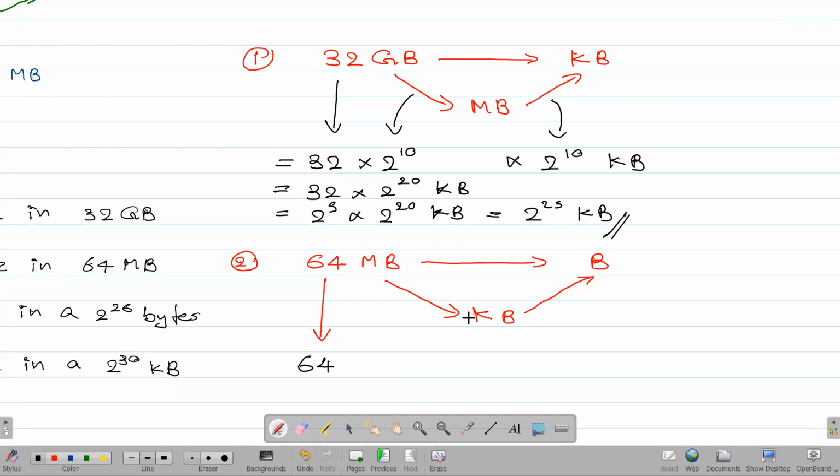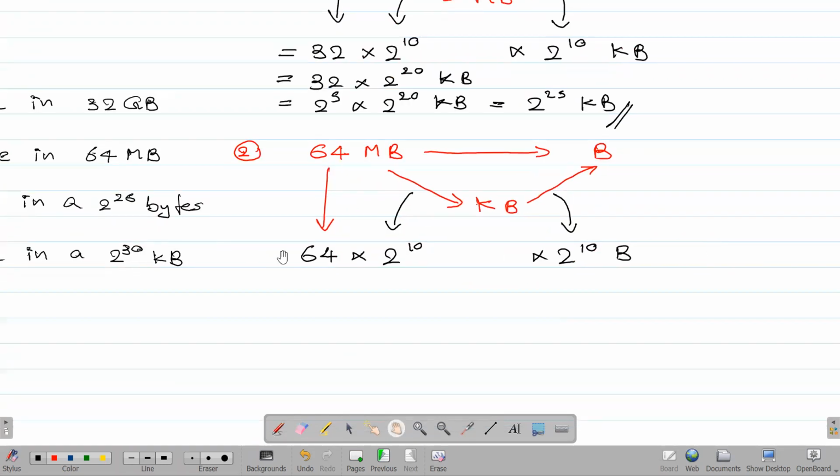Since it is asked in gigabytes, it's better you keep it as a gigabyte one. Even your answer is correct, Dua. So 64, to convert megabyte into kilobyte, we need 2 to the power 10. To convert kilobyte into byte, we need 2 to the power 10. So that is going to be in bytes.